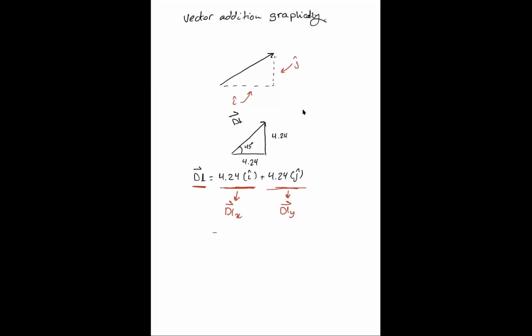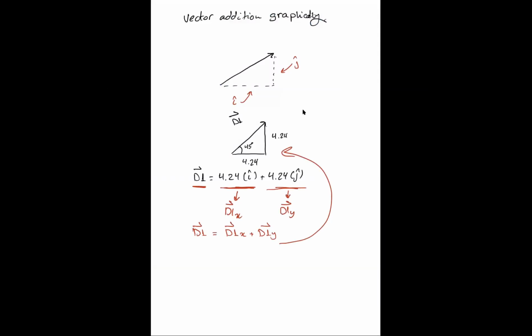In the end of the day, we're just adding two vectors to get D1. We know how that looks graphically: it would also look like a triangle.